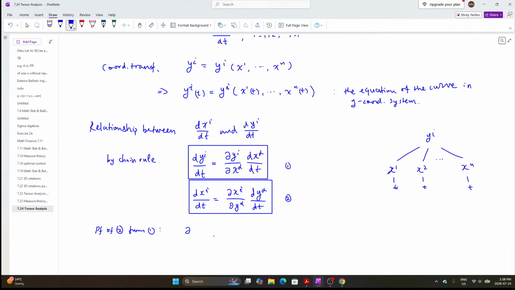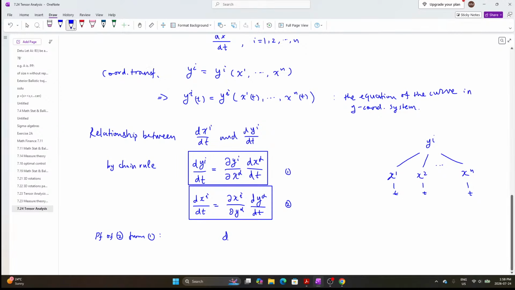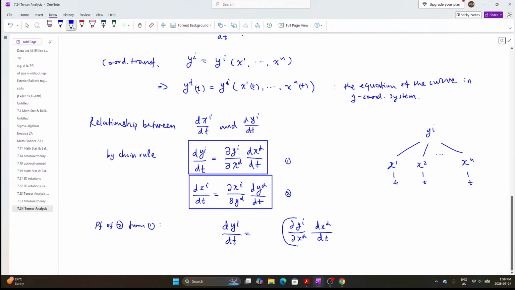So here, first of all, on the left you've got dy^i over dt. On the right you've got the partial derivative ∂y^i over ∂x^α, and then the ordinary derivative dx^α over dt. Looking at this, the partial derivative of y over x^α, we want to pair that with the inverse Jacobian.